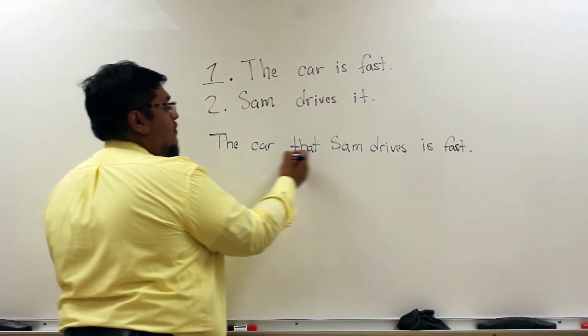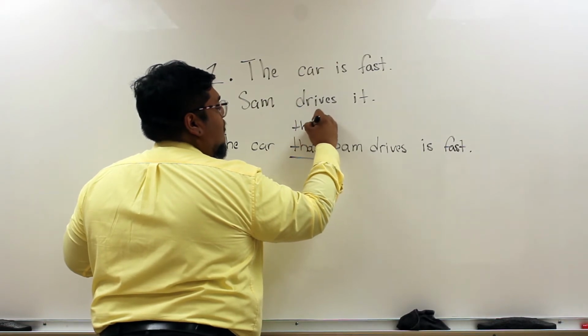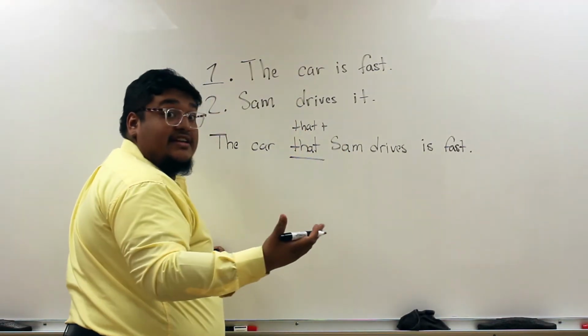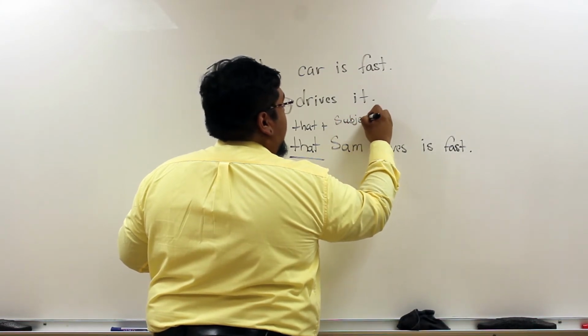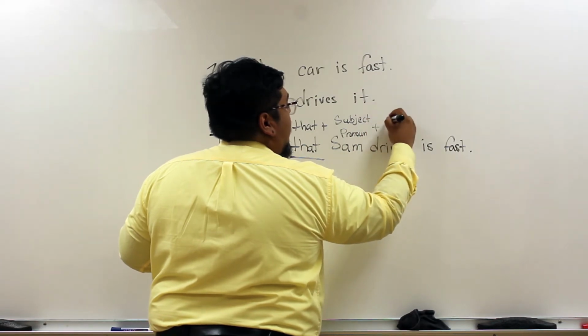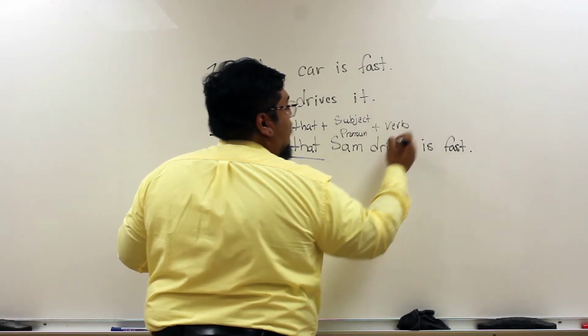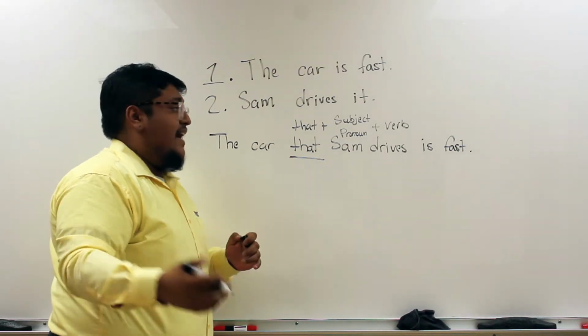Okay, so now we're using the word that. Now we're adding another subject, another subject pronoun, and a verb. What is the verb? Drives. The car that Sam drives is fast.